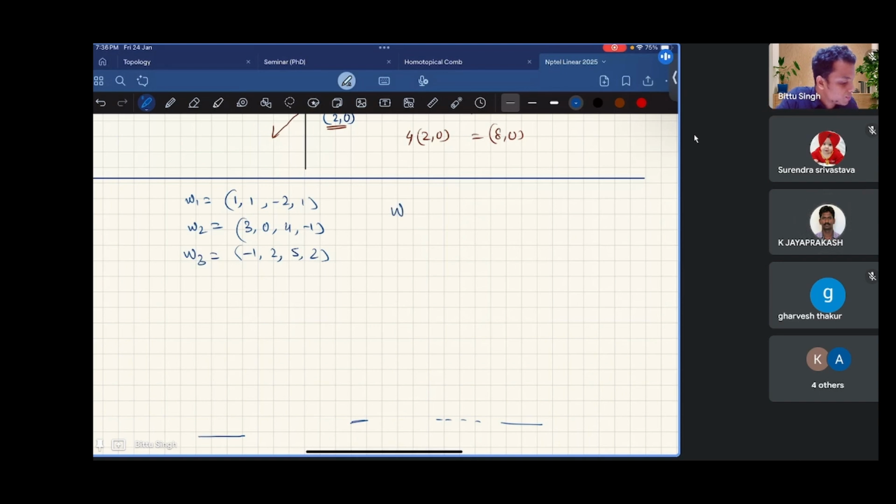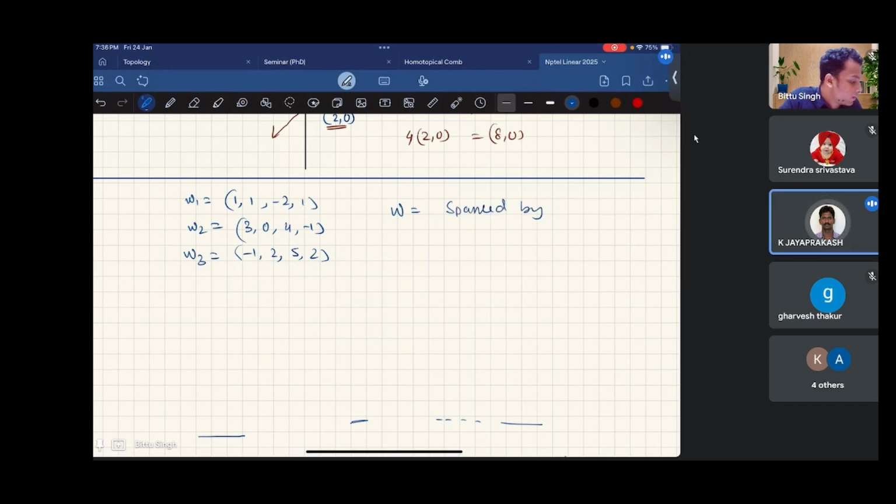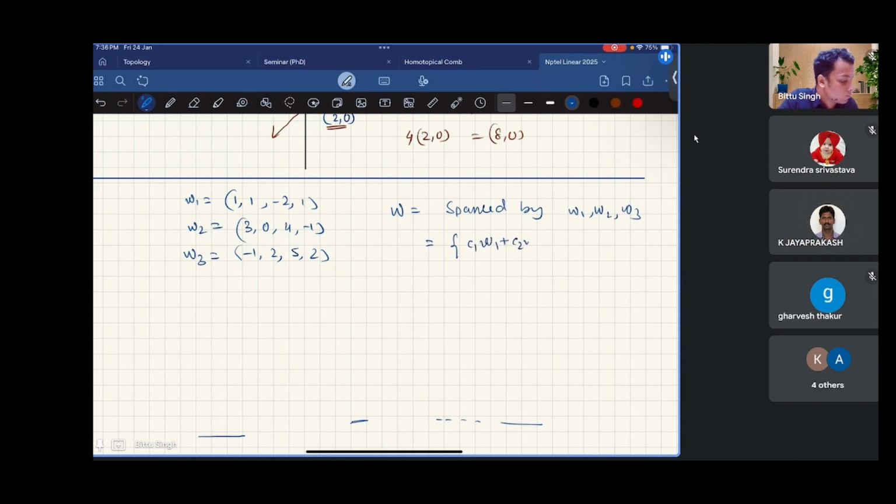So W, the subspace, is spanned by those 3 elements. What is the meaning of that? It means W will look like C1 times W1 plus C2 times W2 plus C3 times W3, where Ci belongs to the reals.